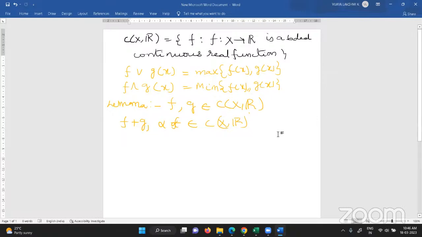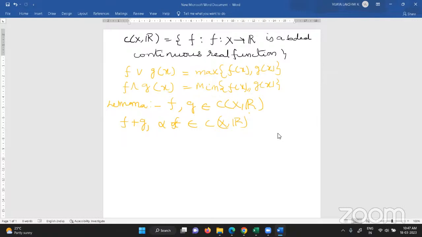We prove that the sum of two continuous functions is continuous, the product of two continuous functions is continuous, and that C(X,R) is a Banach space. Banach space means every Cauchy sequence is convergent. That we will prove. Now see how to prove this lemma. Whenever f and g are continuous functions, we have to prove that f plus g is also a continuous and bounded function, and alpha f is also a continuous and bounded function.